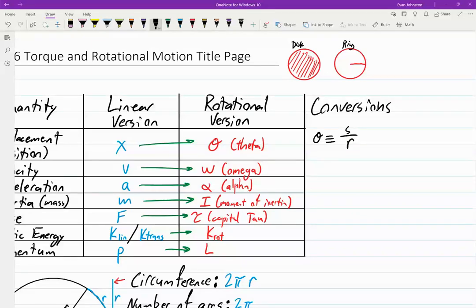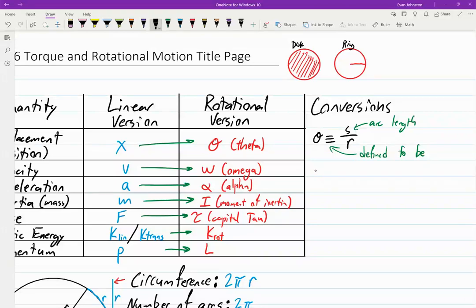And so here are some conversions that will be valuable in going from the linear version, like arc length here, to the rotational version, like our theta here, which is now our angular version of distance. And again, remember that this triple equal sign means defined to be.